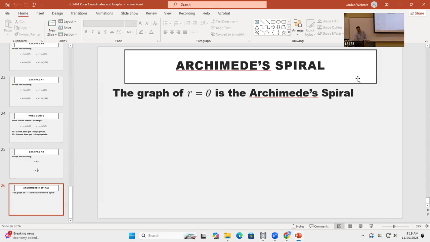Now, obviously, we won't have access to Desmos when you're doing your homework and stuff. So there are a couple things to mention about using your calculator.